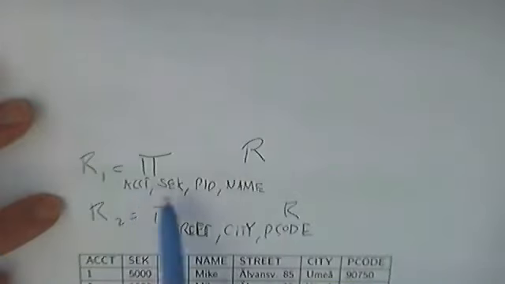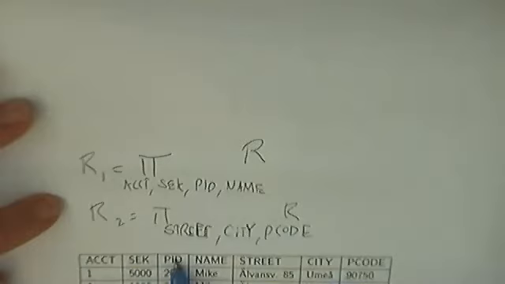So this one's going to get the account. This is basically going to give us account, SEK, PID, and name. And this right here is going to give us the street.